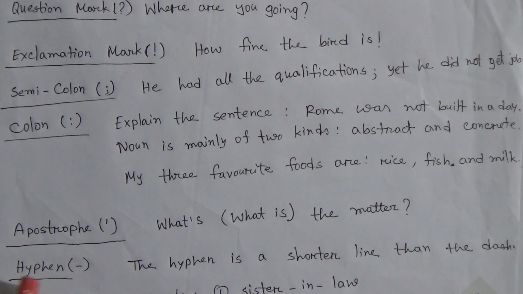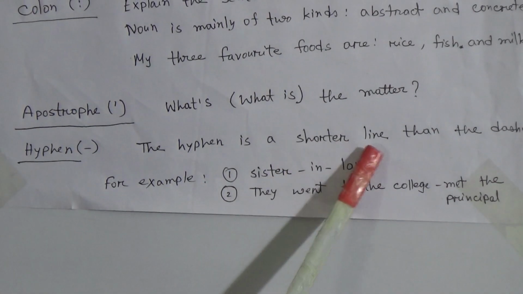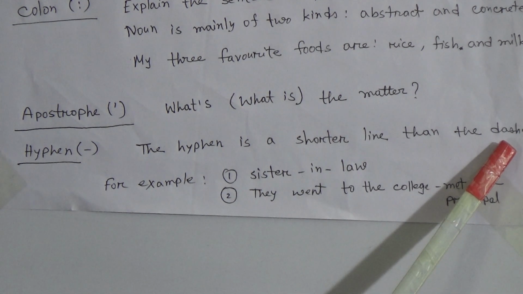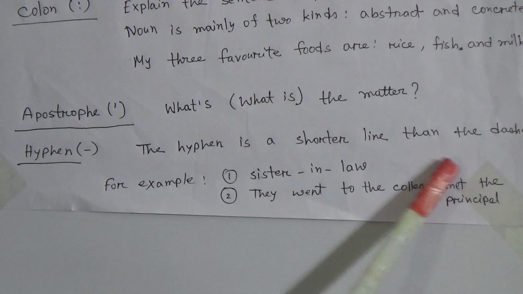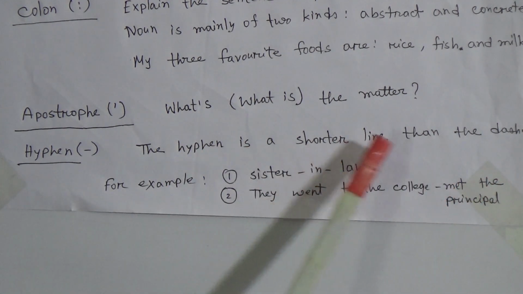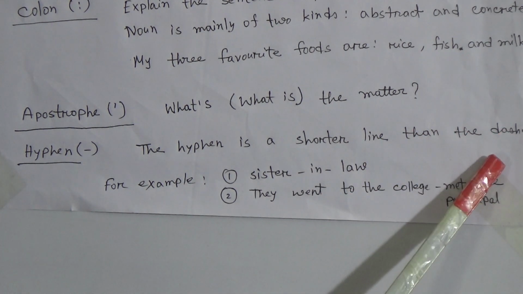Then hyphen. About the hyphen, we can use it to make a compound word. Dear students, the hyphen is a shorter line than the dash.